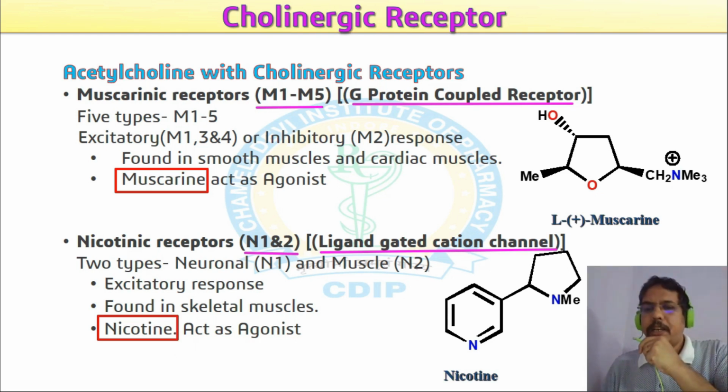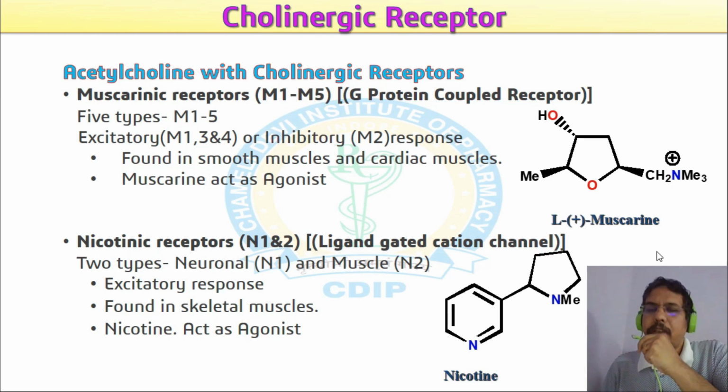So we must be aware of the natural ligand which binds on the cholinergic receptor. For that, we take a look at the structure of acetylcholine.